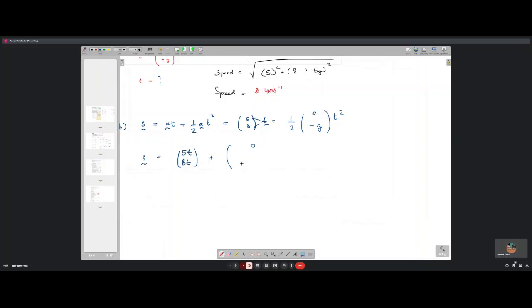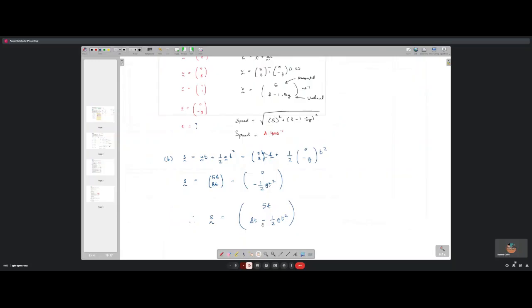But then on the bottom, you would have minus half gt squared. So therefore, you would have s, the displacement vector, being 5t on the top, and then 8t minus a half gt squared on the bottom. So this would be the displacement vector, right?